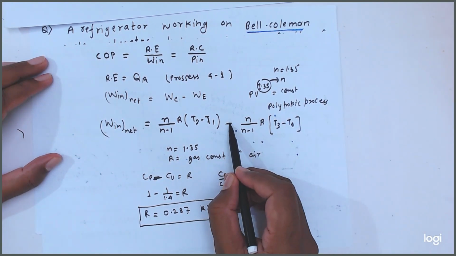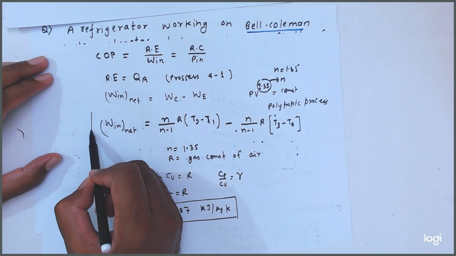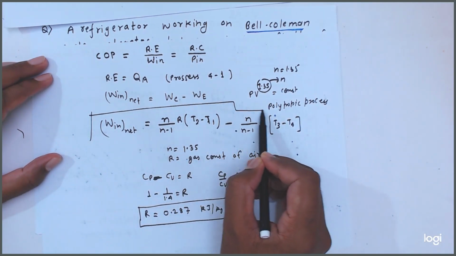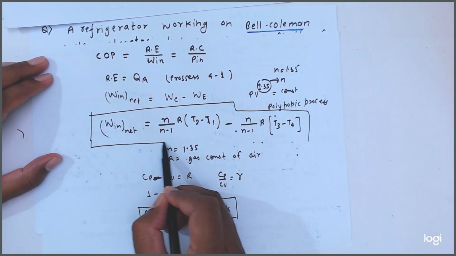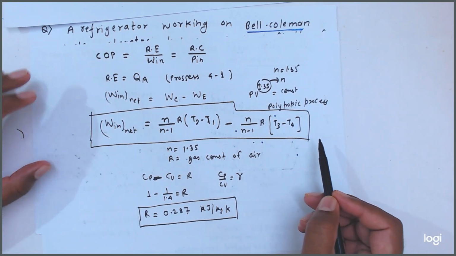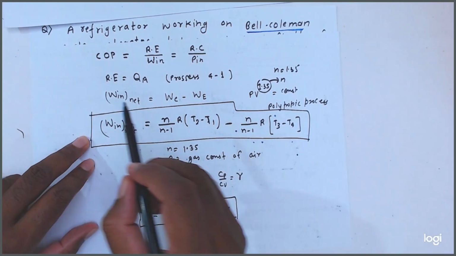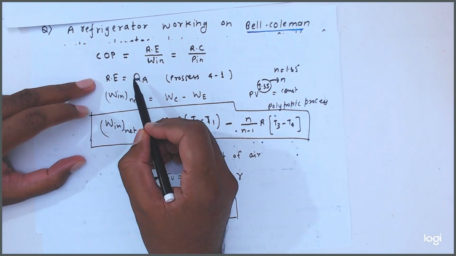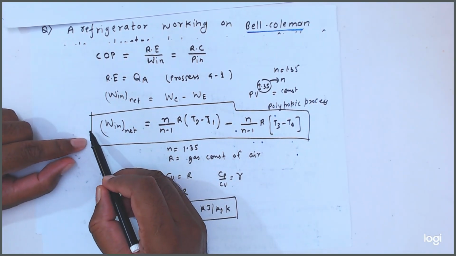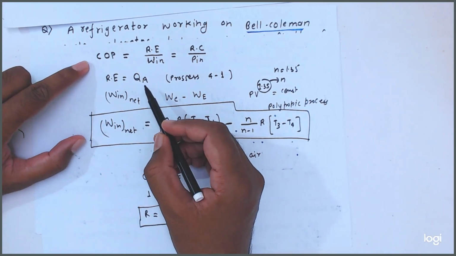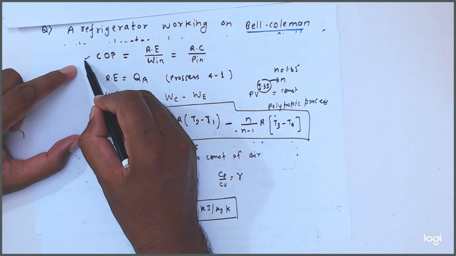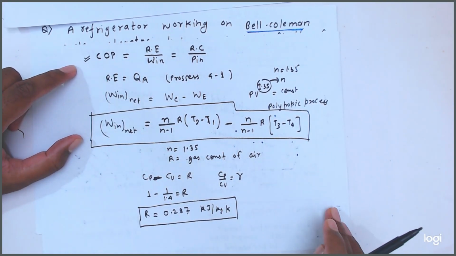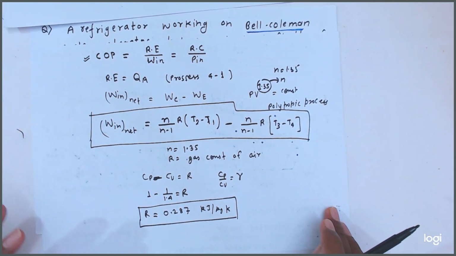If you subtract this one, then we will get the net work done by the system. Okay. So we have to find two things. First, we have to find the heat absorbed and then we have to find the work input. If we divide these, then we can get the COP. This is the concept. Okay, friends.